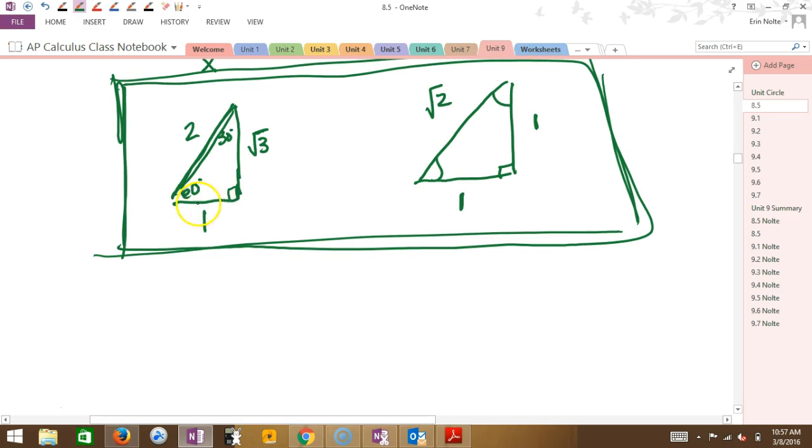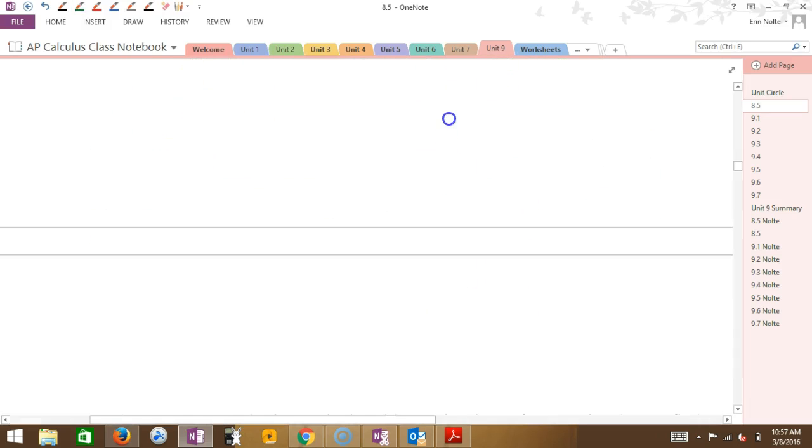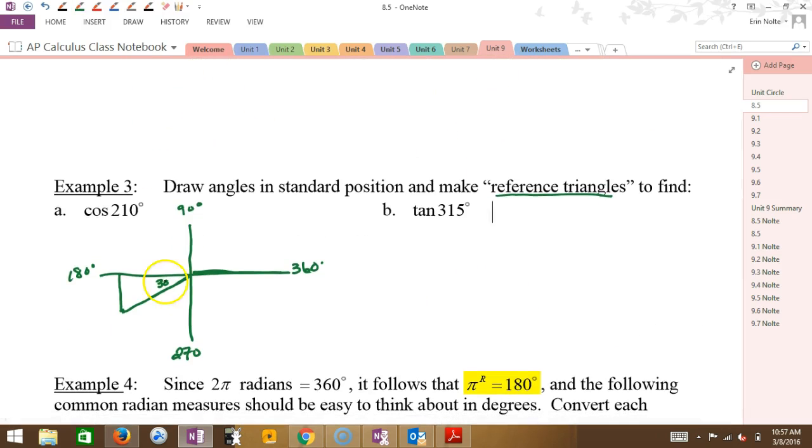Remember, the short leg is 1, the hypotenuse is 2, and the long leg is the square root of 3. So if I give those values to the triangle I just created, my short leg is 1, my hypotenuse is 2, and my long leg is the square root of 3.